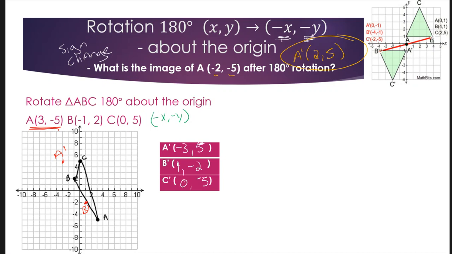And then for C, it's 0, negative 5. Try to do it quick. C prime. And let's connect these and shade it in. And that's pretty much how it should look, just like that.